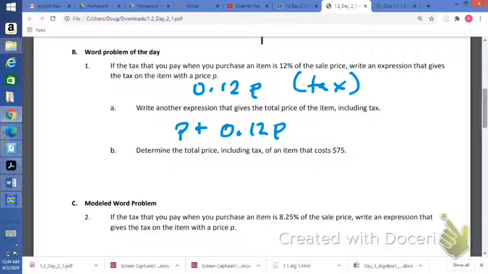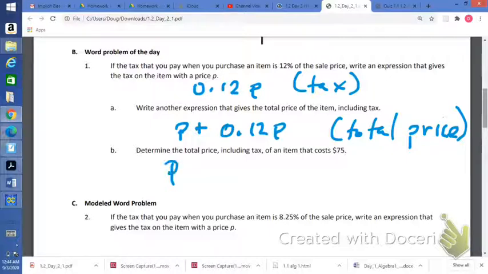So it's going to give us the total price. So now in B, determine the total price including tax of an item that costs $75. So we're given what P is, so we're going to plug in. So P plus 0.12 P. We know that the sale price costs $75, so we're going to substitute 75 in for P.